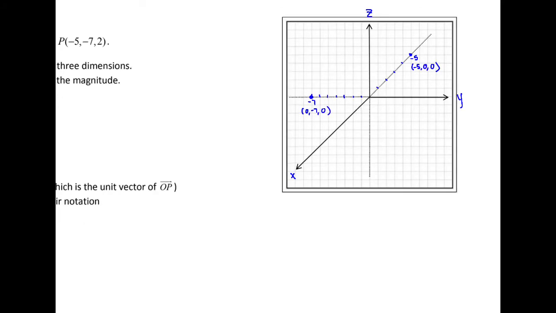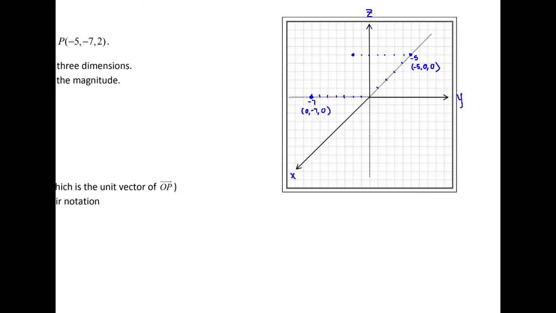Next step, we're going to create the base of the rectangular box, which will look like a parallelogram on our diagram. At this x value of -5, we pretend there is a y-axis here, and we put the y value of -7 on: -1, -2, -3, -4, -5, -6, -7.